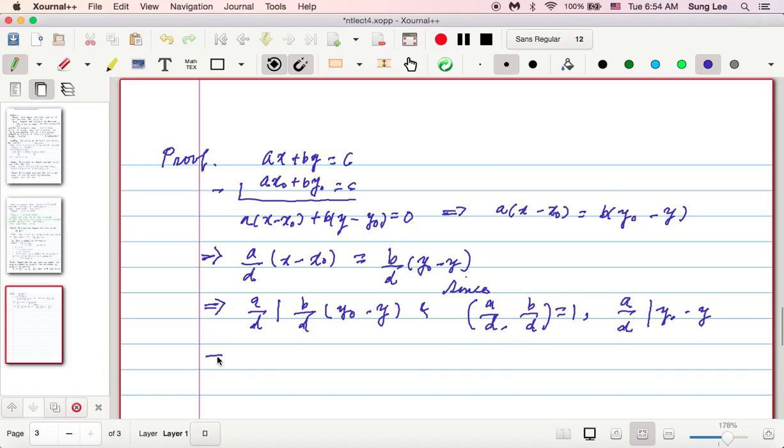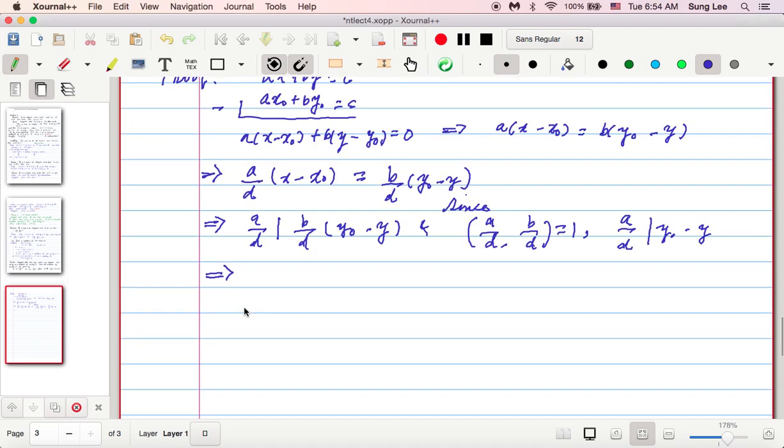That means y naught minus y is an integer multiple of a over d. So y naught minus y can be written as a over d times t, where t is an integer.